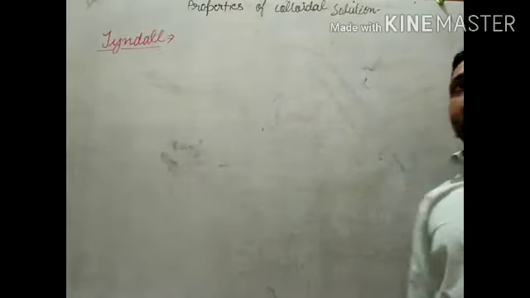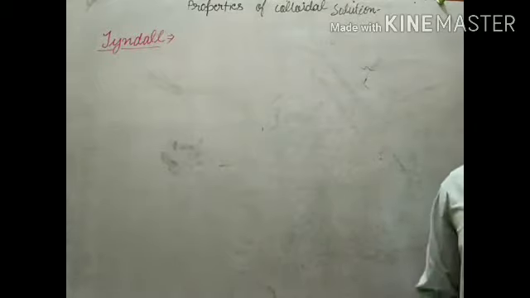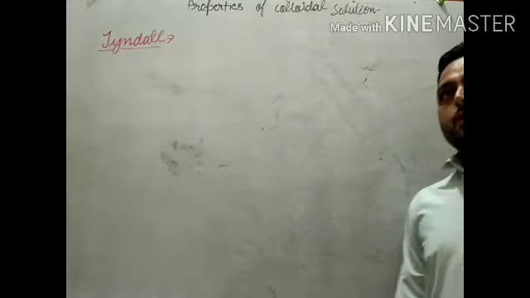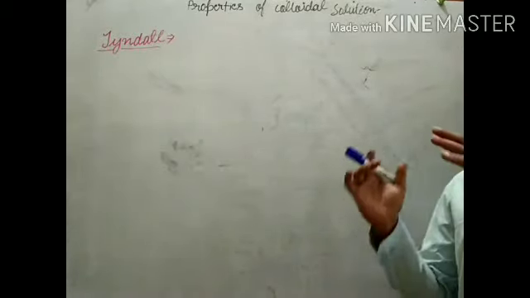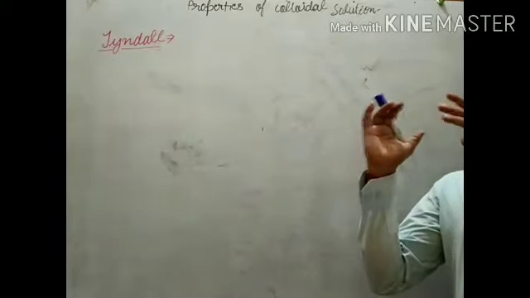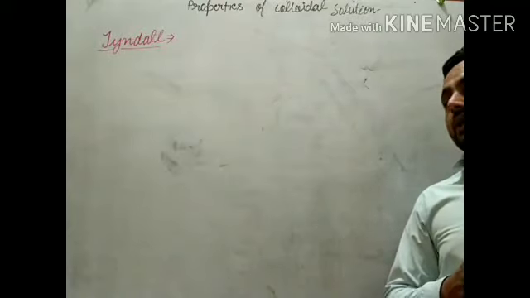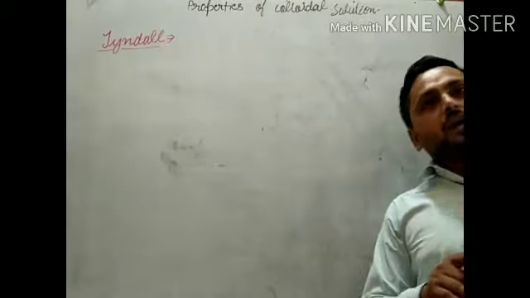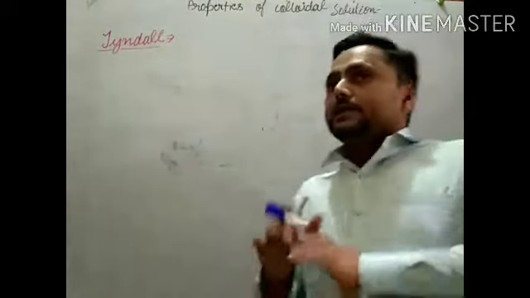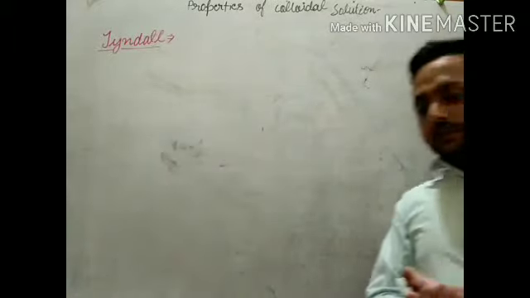Whenever light enters our room through windows or through some holes, we observe a cone type structure. That is called Tyndall effect. Or in other way, that visible cone is called Tyndall cone. Sometimes it is asked what is Tyndall cone.